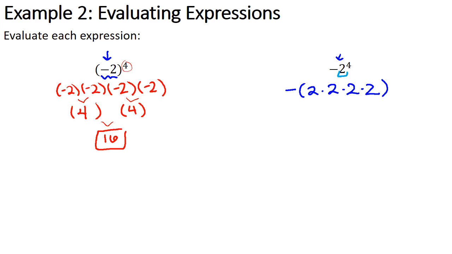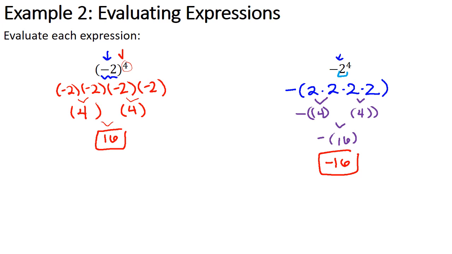That negative number is going to wait outside the parentheses until after we're done evaluating our exponent. So again, we're going to get 2 times 2 is going to give us 4, 2 times 2 is going to give us 4, 4 times 4 is going to give us 16. And as we are evaluating this, we are going to pull down that negative, so our final answer on this is going to be -16.